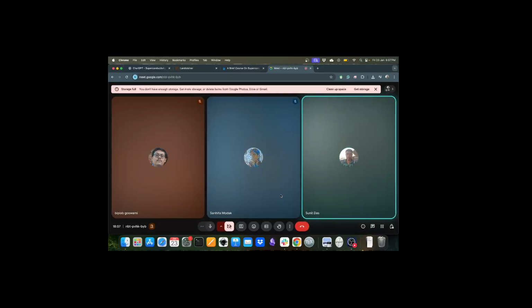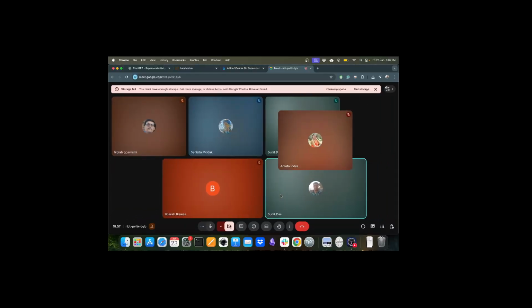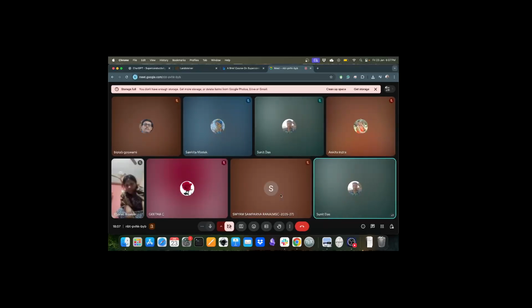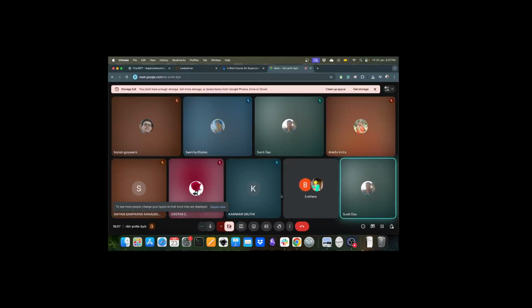I think the screen is not getting visible. Still the screen is not visible.